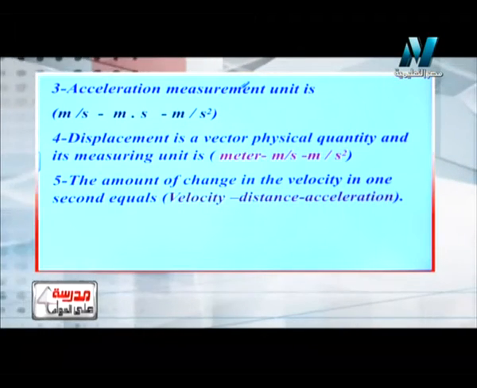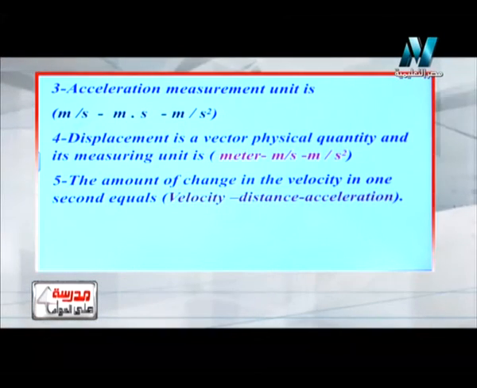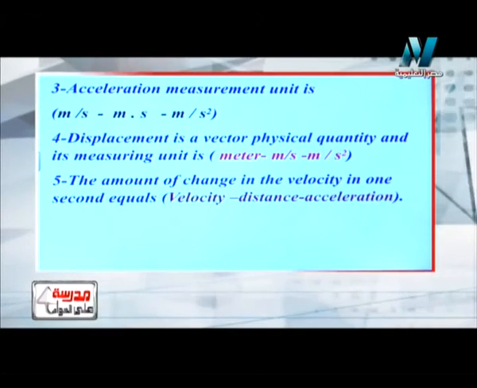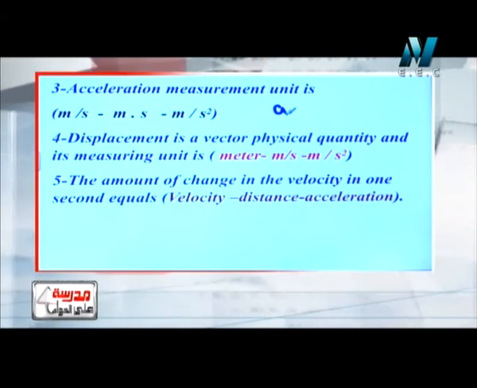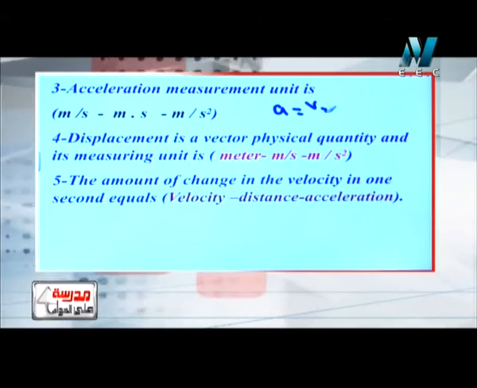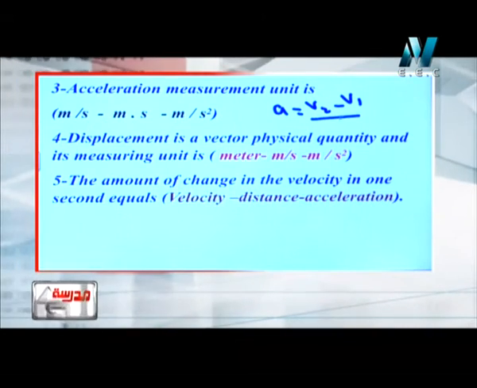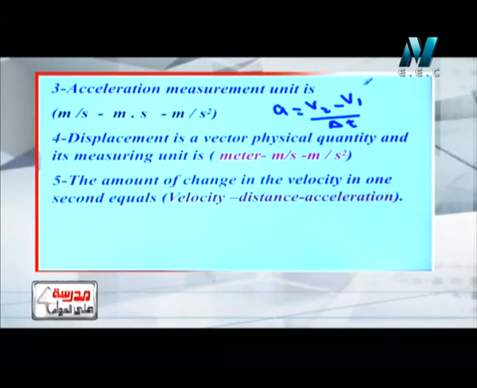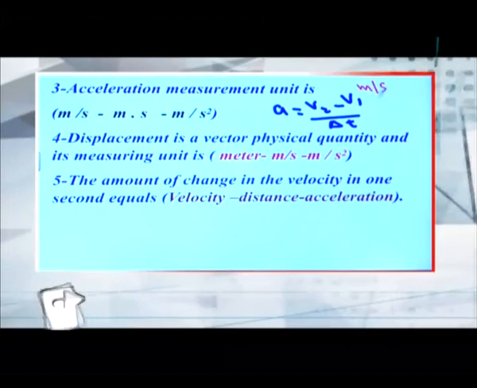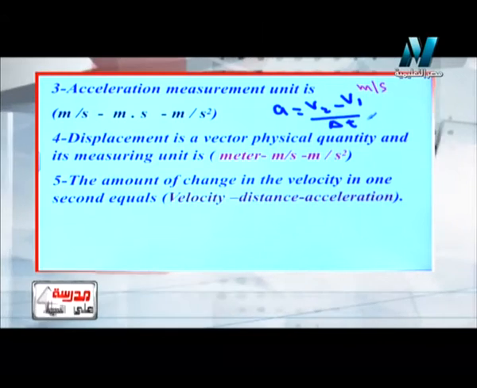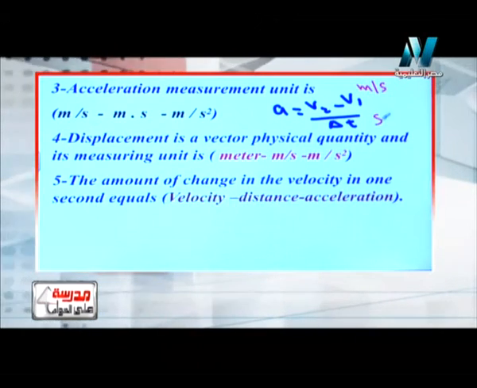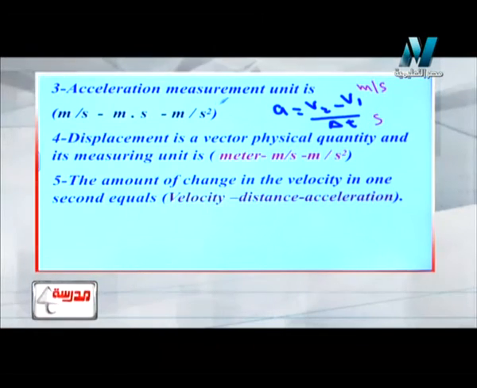We should remember the acceleration definition: acceleration equals v2 minus v1 over delta t. Here we have the measuring unit meter per second, and here we have second. So we have meter per second per second, so we have meter per second power 2.